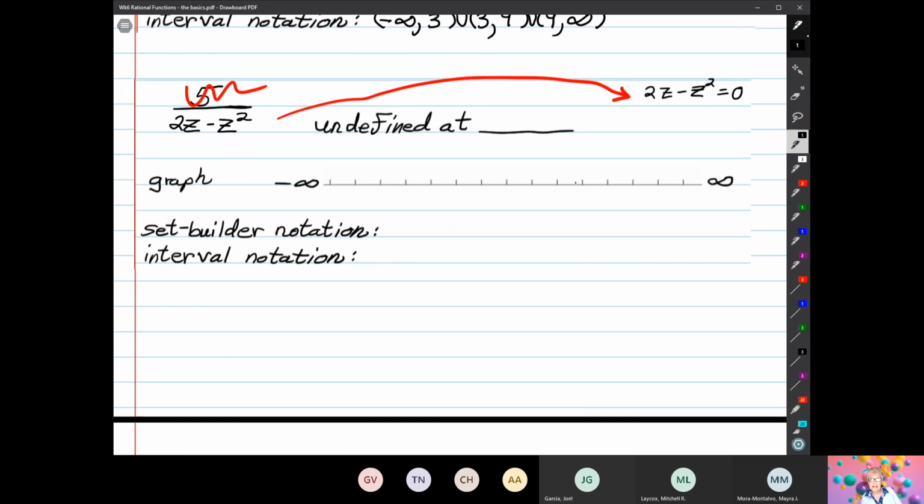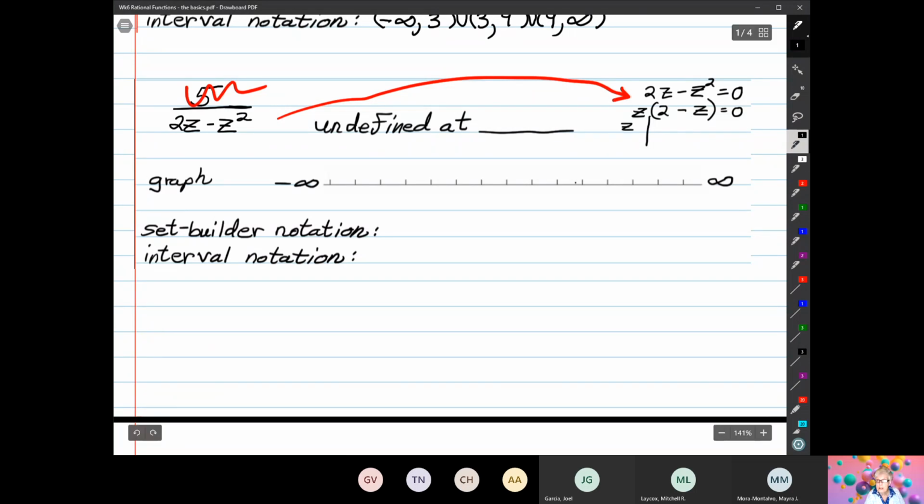Now I look at this and I say, oh, I can factor that by GCF. So I pull out the GCF, the greatest common factor, and that will leave me 2 minus z. Now I have two factors, z and 2 minus z, and the way I solve this equation is I set each factor equal to 0.